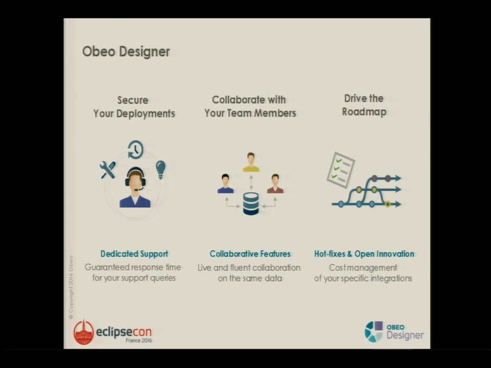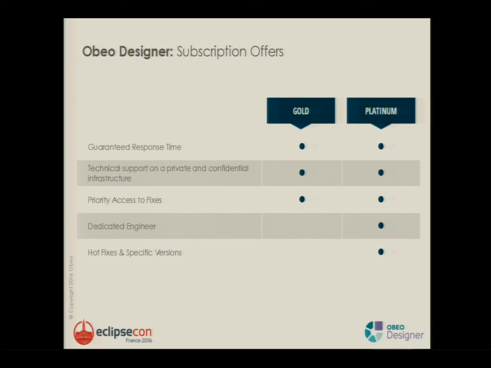Collaboration, I will come back to this later because it's the second part of my talk. And drive the roadmap. We propose they do open innovation with us, so we listen to their expectations about Serious based on their requirements, and they can also reserve a part of the workload in a common vault to work on a specific feature.